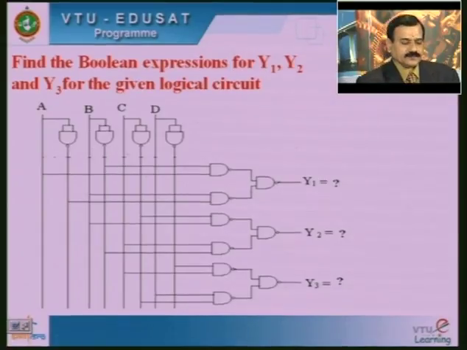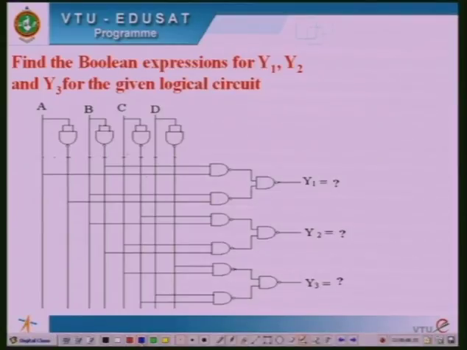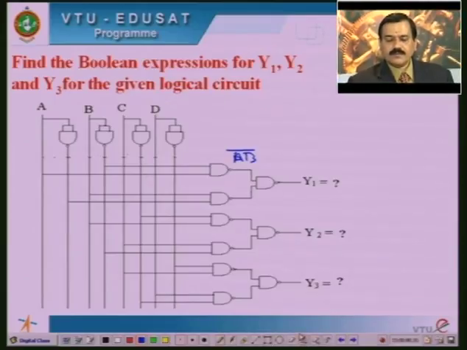Let us see this. The B complement value is taken here and A is taken here, so the multiplication is A into B complement, and once again it is complemented.